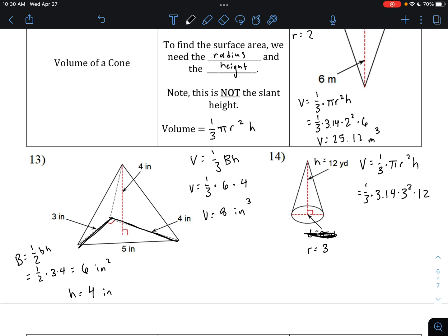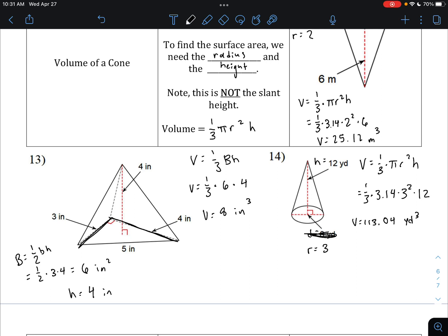When we plug that into our calculator, we should get 113.04, and that's in yards cubed.